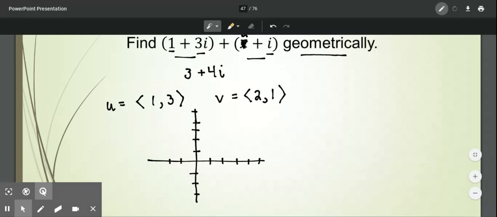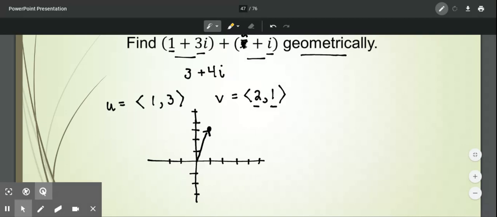if we first start with vector u, right, that has the components of 1, 3. So if this is vector u, and then vector v has components 2, 1, which means we have to go what? Horizontally 2 and vertically 1.